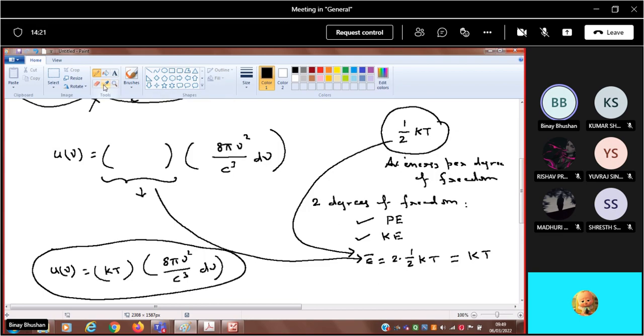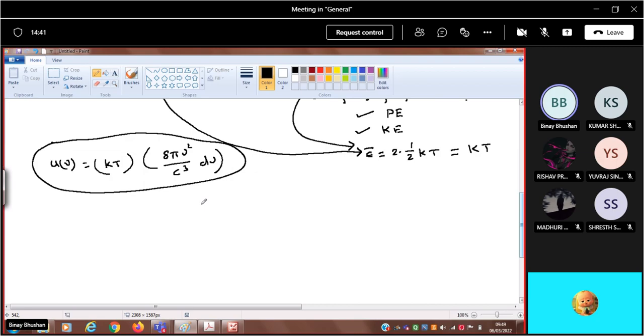Sorry, I didn't write in the correct format actually. This left hand side is equal to U nu d nu, right? This is, you should have told. Whenever I am writing anything not correctly, then immediately you should point out.